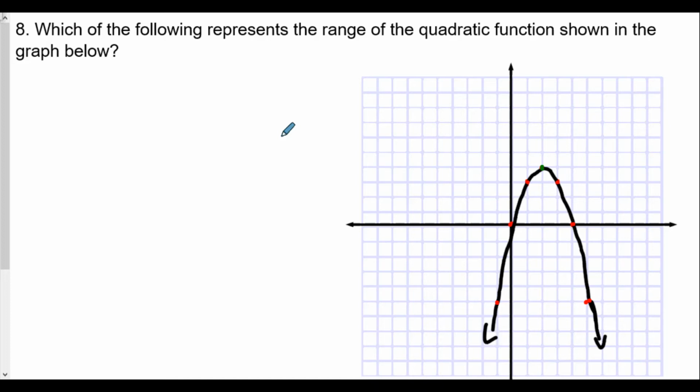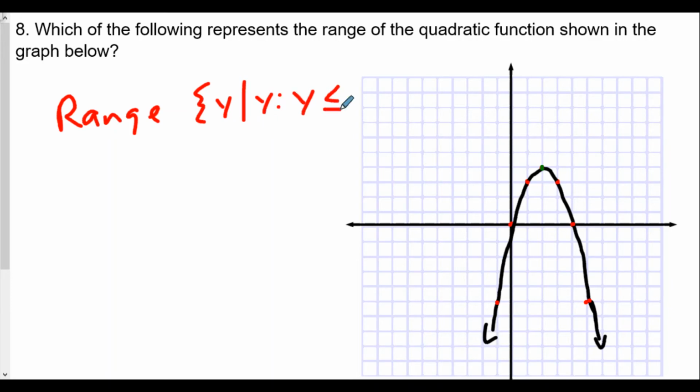So we interpret this as follows: our range will be all values of y such that y is less than or equal to 4. The idea is that y will include every numerical value up to and including positive 4, but not going any further.